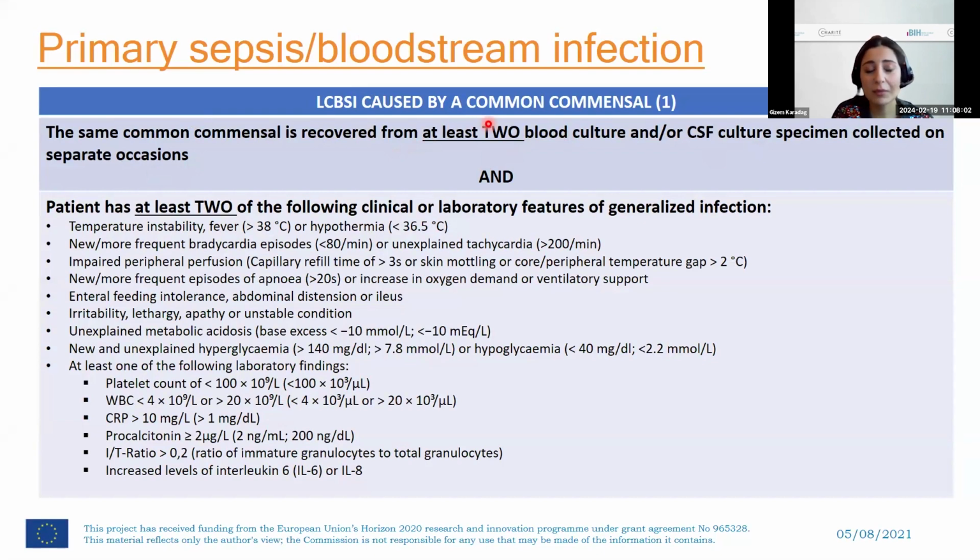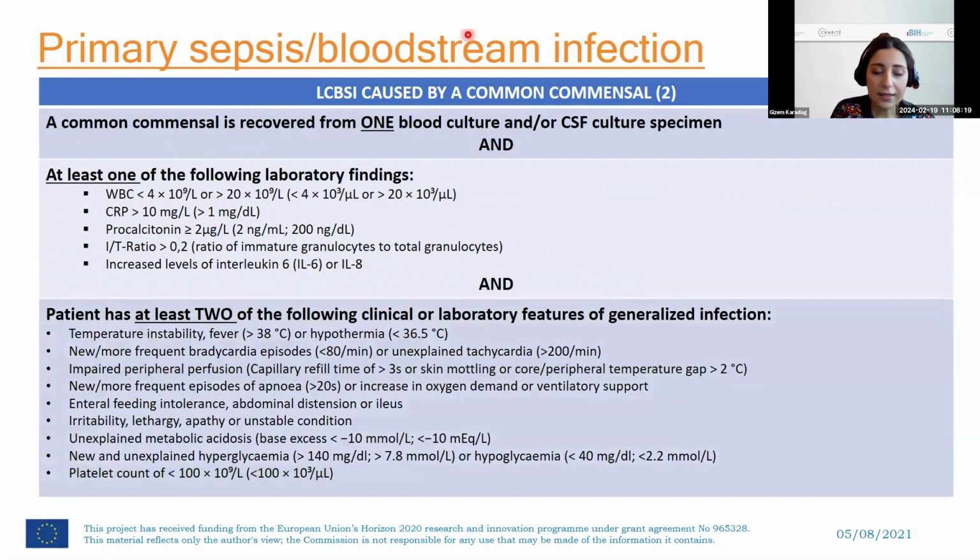So in some cases, it's not possible to meet this criterion. That's why we created some alternatives, and obviously these 2 clinical and laboratory features must always be met in order to call this sepsis.